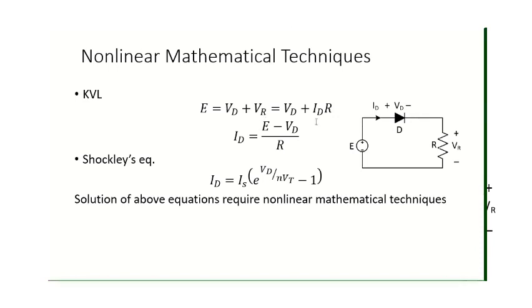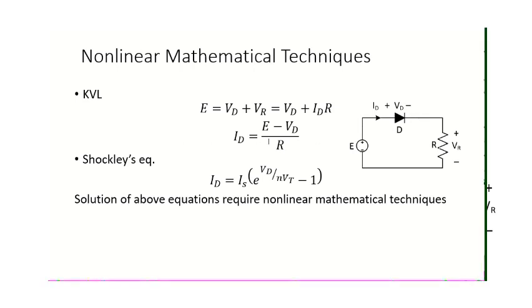So just putting the value of VR in this equation, E is equal to VD plus VR, which is VD plus ID into R. ID is the current which passes through the diode, and R is the resistance of the circuit.